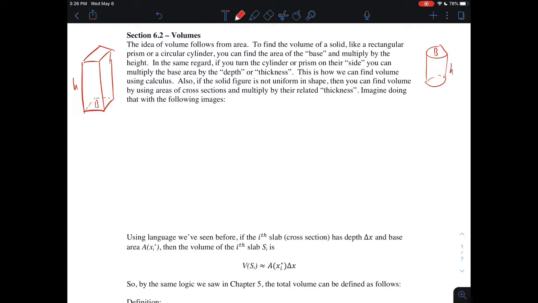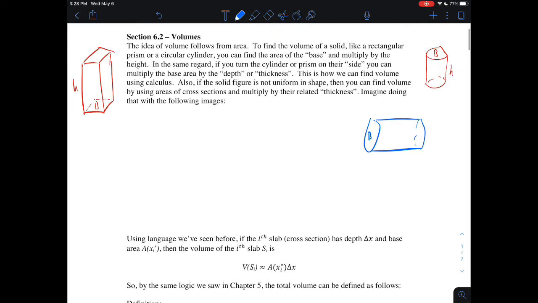So what I mean by that is if we take this cylinder and instead of drawing it the way that I just did there, what if it was like this? It's just laying on its side. So imagine you've spilled the can. You can still find the volume in the same way by taking the base area again, which is still just a circle, and then multiplying by the depth.